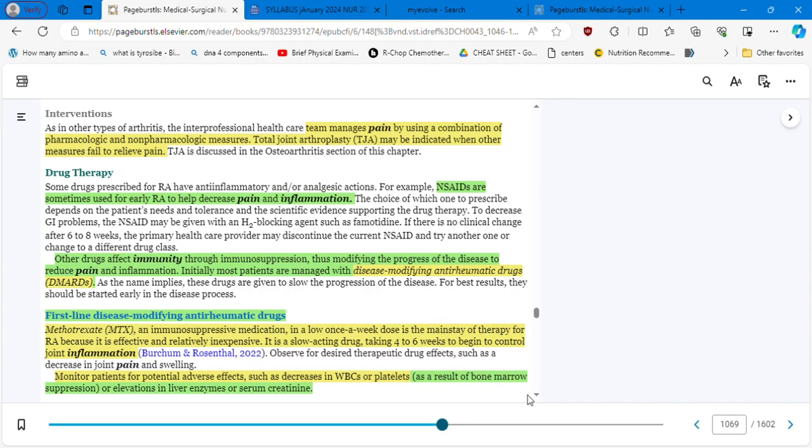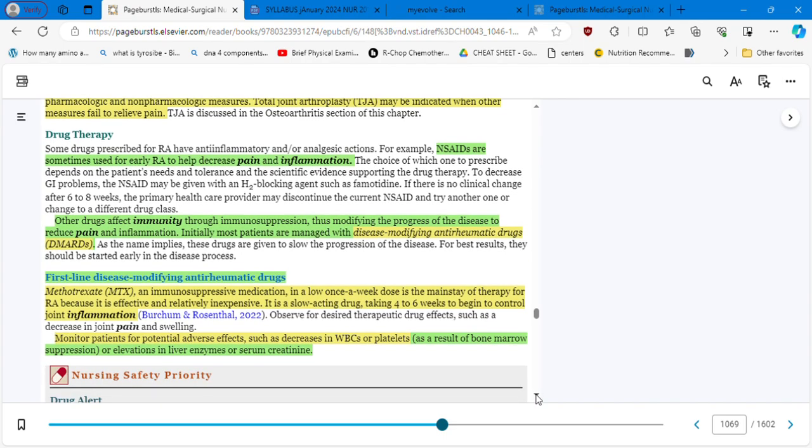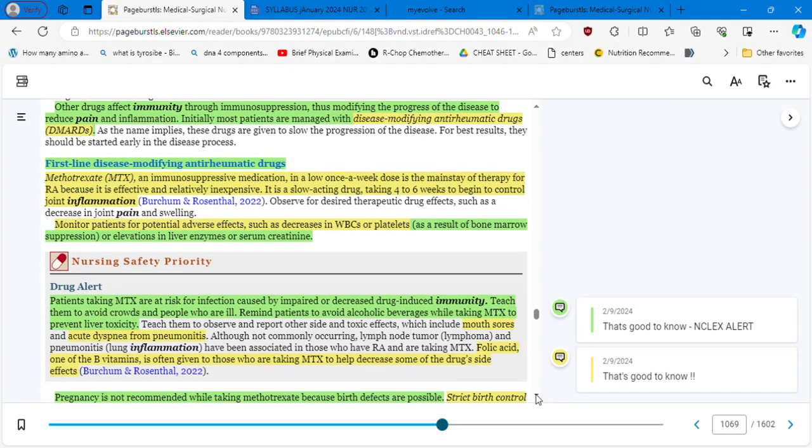And let's see what is the first line disease-modifying anti-rheumatic drug. So methotrexate, which is an immunosuppressive medication, a type of chemotherapy, is a low once-a-week dose, once a week, is the mainstay of therapy for RA because it is effective and relatively inexpensive.